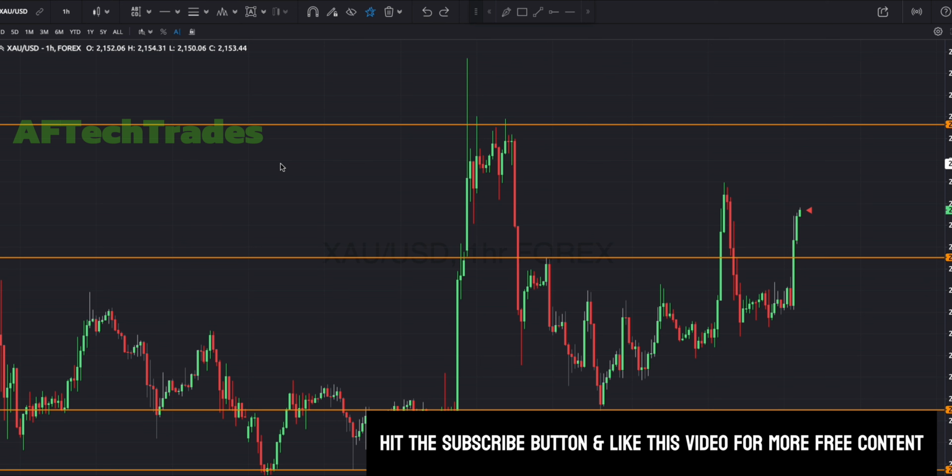If you are a scalper, you can mark it as low as 5 minutes and take your entries from either 1 minute or 5 minutes. But I advise you always take your entries from 5 minutes. You can also take your entries from 1 minute if you want to quickly catch the market.